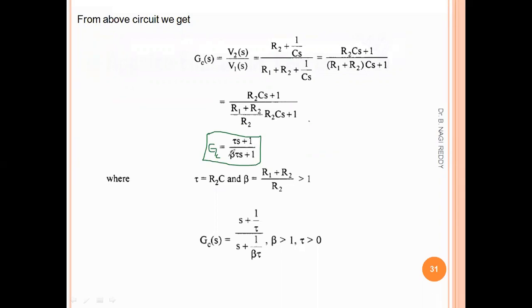In order to get the pole and zero, we simply take out the common terms: tau in the numerator, and beta tau in the denominator.